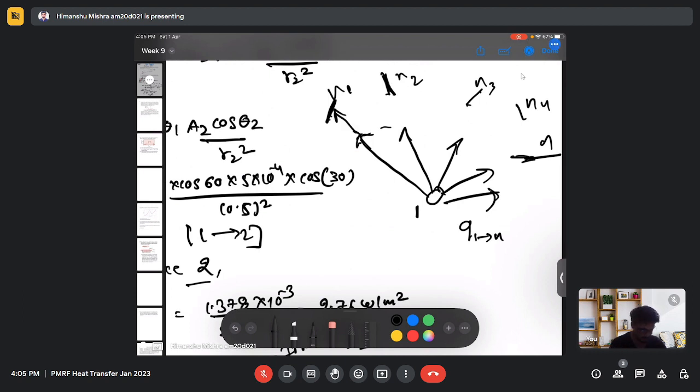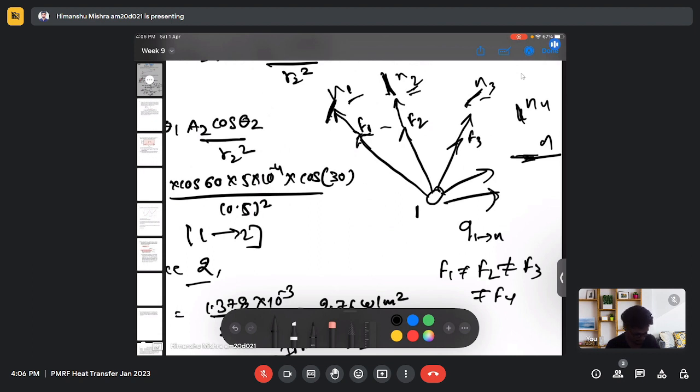And since the orientation and the location of these surfaces are different, my view factor of each surface like N1, N2, N3 will be different. So let's say my view factor here is F1, here is F2, F3. So F1 is not equal to F2, every view factor will be different. And then the heat transfer received will depend upon this view factor multiplied by the heat transfer from 1 to n. So since my view factor is different, my heat transfer received by each surface will be different.